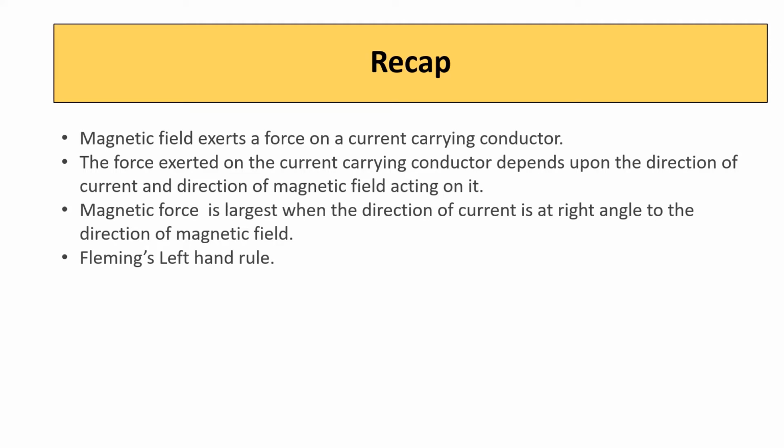The force exerted depends upon the direction of the current and the direction of the magnetic field acting on it. Also, please note that the magnetic force is largest when the direction of the current is at right angles to the direction of the magnetic field. We also learned Fleming's left-hand rule. It is used to find the direction of the force on the current carrying conductor.